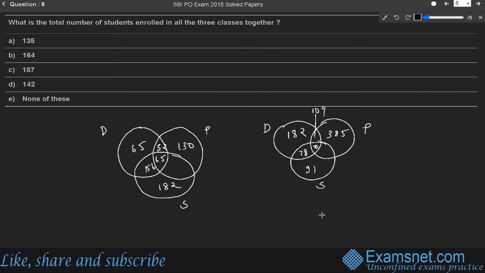We know that number of boys in both singing and dancing is equal to 156 by 2, which is 78. And number of boys in only painting is 385. So we can say that number of students enrolled in all the three, which is dancing, singing and painting, will be 135. So we can say that the correct option for this question is option number A, which is 135.